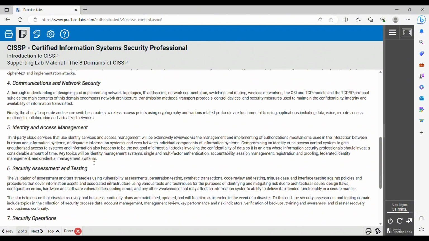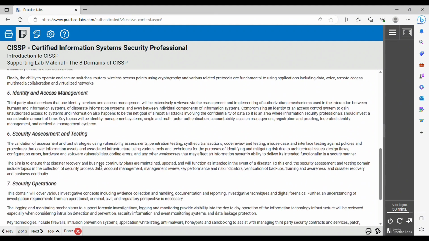Key topics will be identity management systems, single and multi-factor authentication, accountability, session management, registration and proofing, federated identity management, and credential management systems.